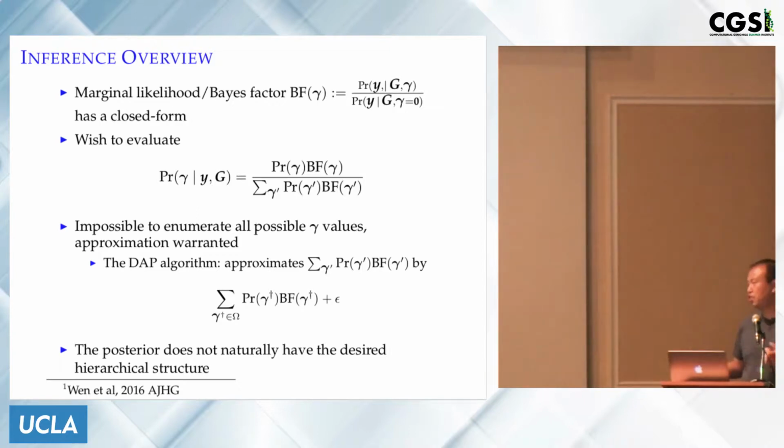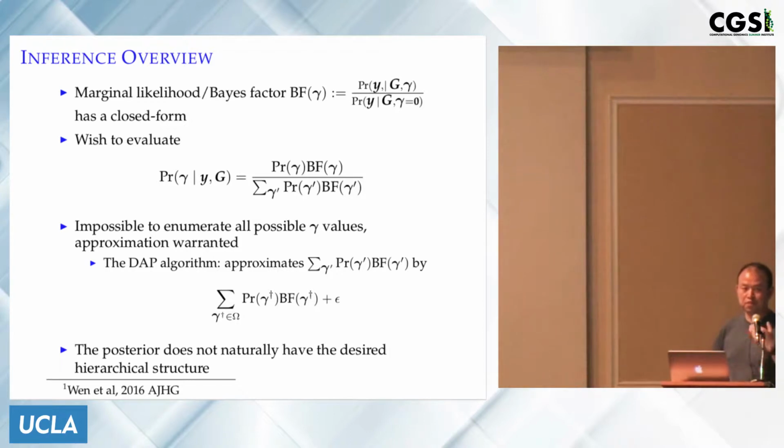So the alternative solution is what we call the deterministic approximation of posteriors. It's a rather simple idea. Instead of calculating this whole thing, we take the view that in general there are very few truly associated signals. Therefore, the number of models contributing to this term is much less than 2 to the p.